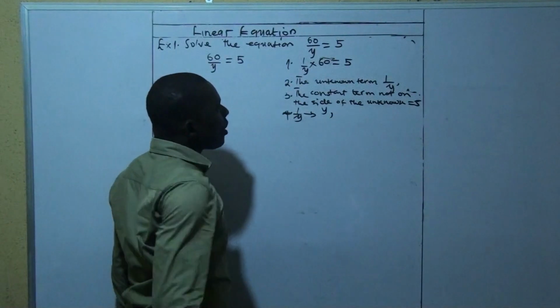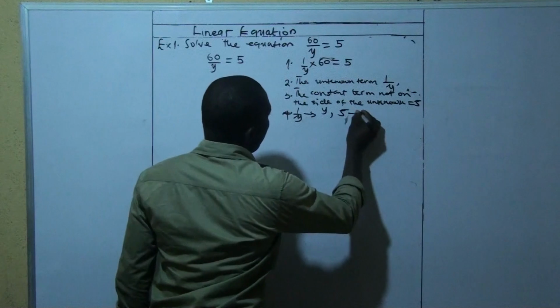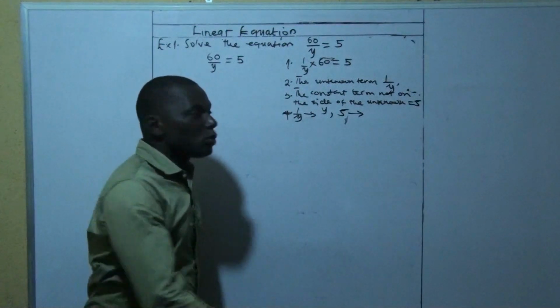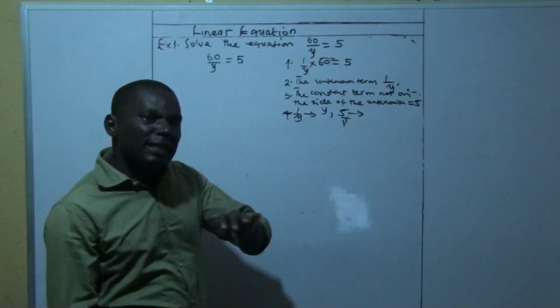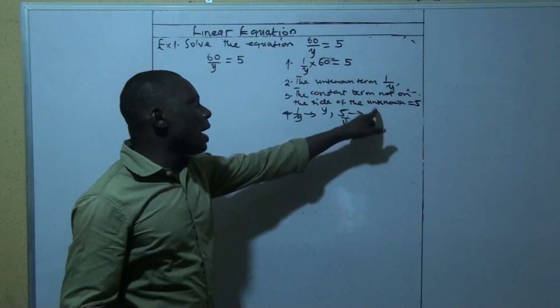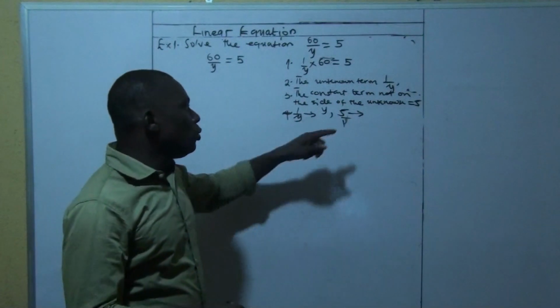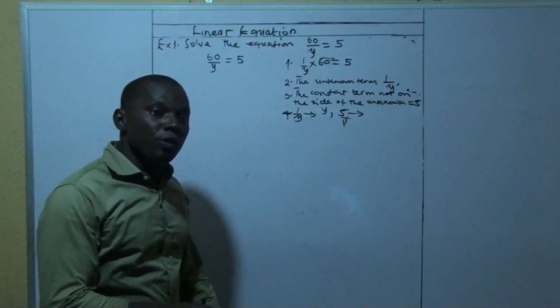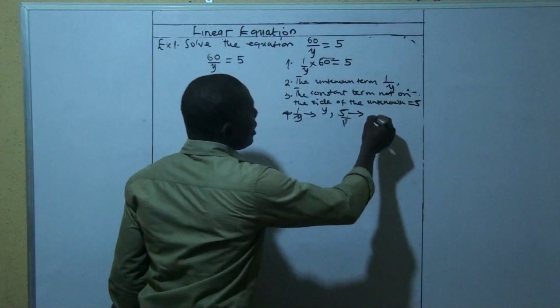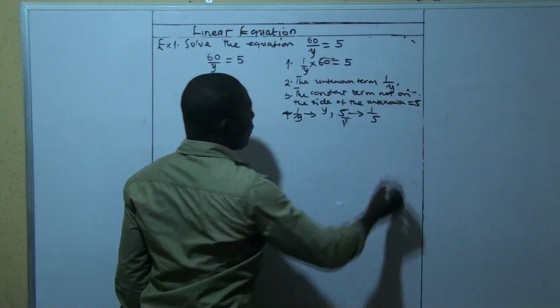And the reciprocal of 5, which simply means 5 over 1, will simply match what is in the denominator. You write it in place of the numerator. They exchange: the numerator goes to the denominator, and the denominator becomes the numerator. So that is the meaning of reciprocal or multiplicative inverse. So here it will now be 1 over 5.